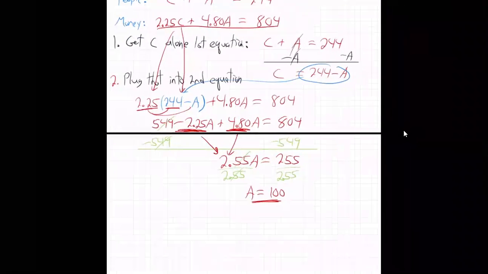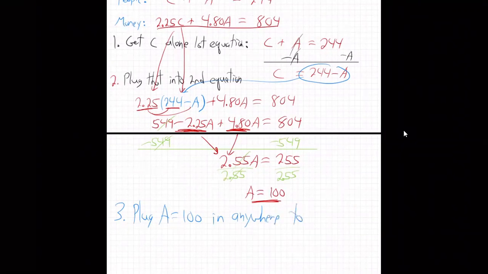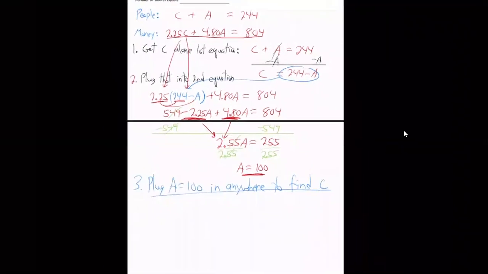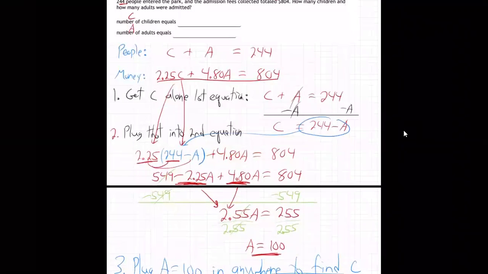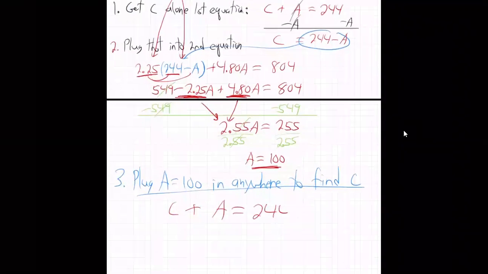And now to find C, we can just plug A equals 100 in anywhere. You can just grab that first equation, which was C plus A equals 244.